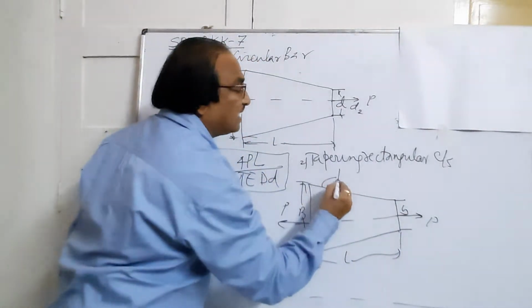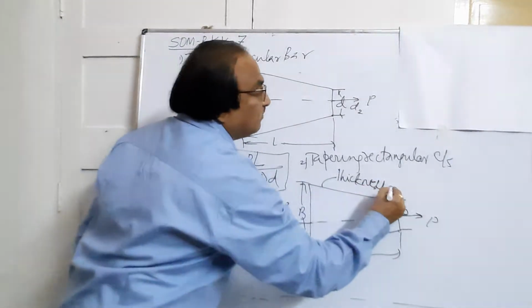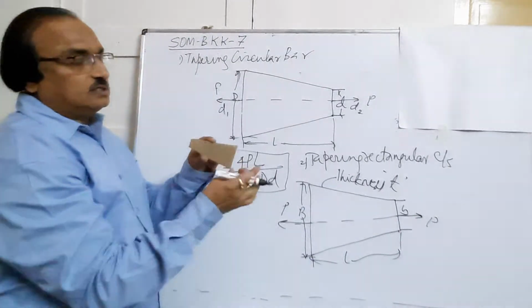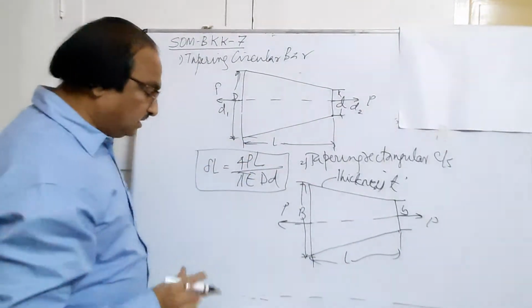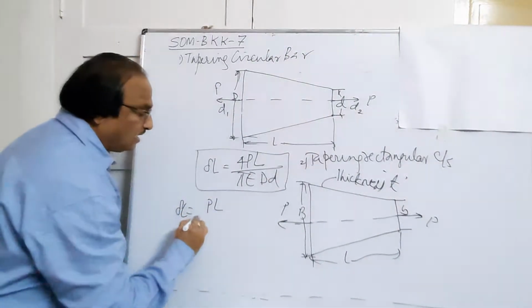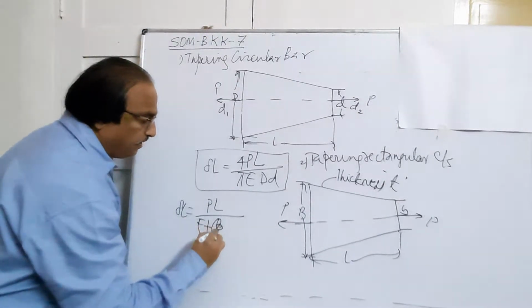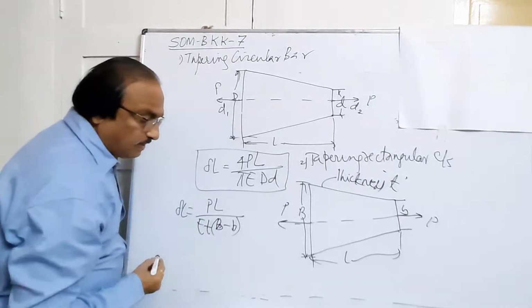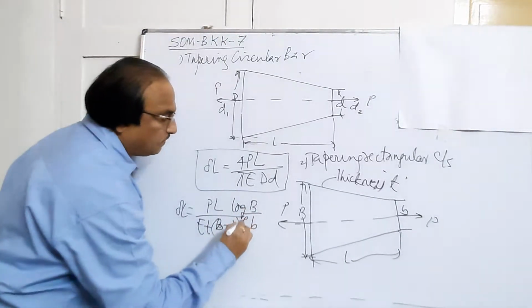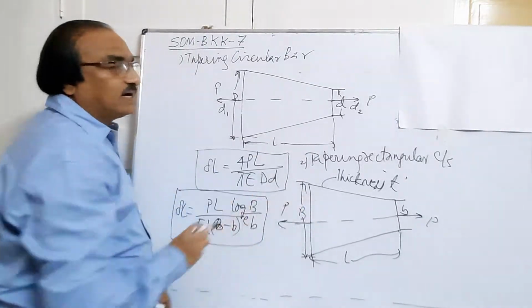It has a certain thickness, uniform from one end to the other, which we will call T. So this is the thickness of the member. In this case, the deformation is given by delta L equals PL by E into T into (B minus b), into log of big B by small b to the base e. This is the formula you will use directly if the bar is rectangular tapering.